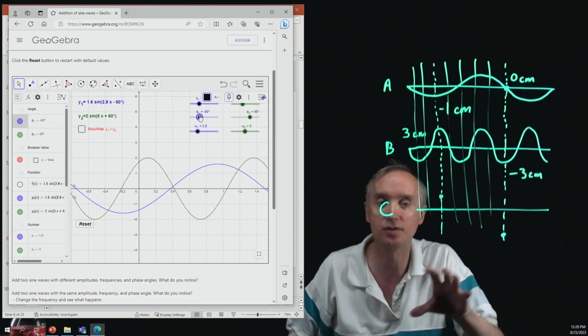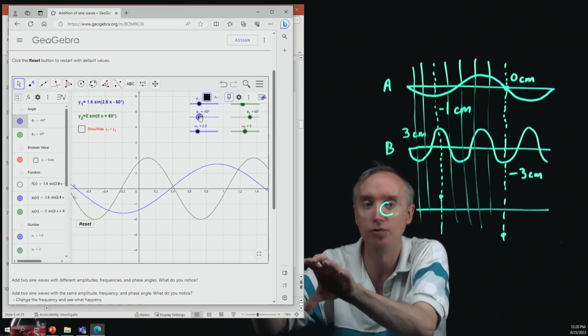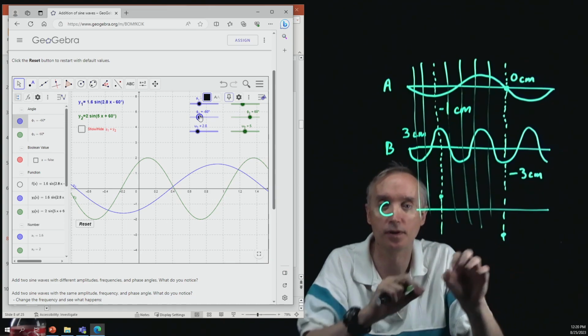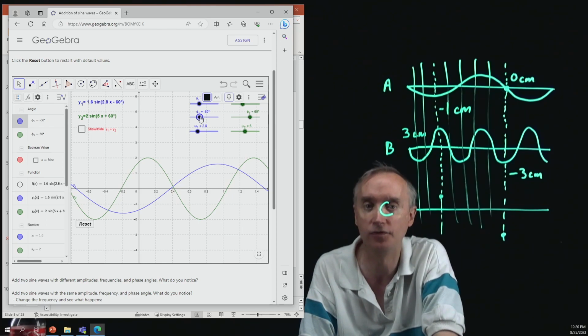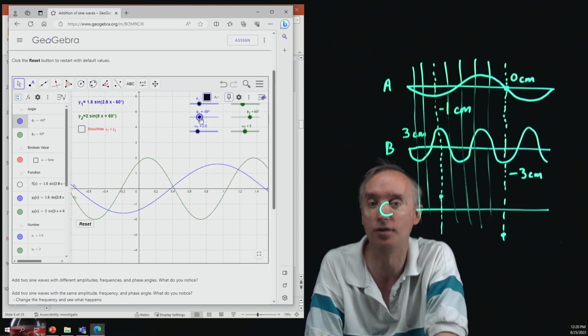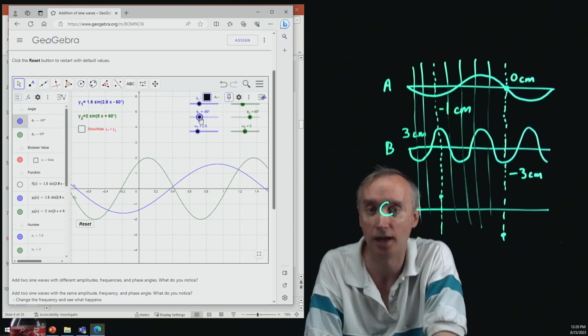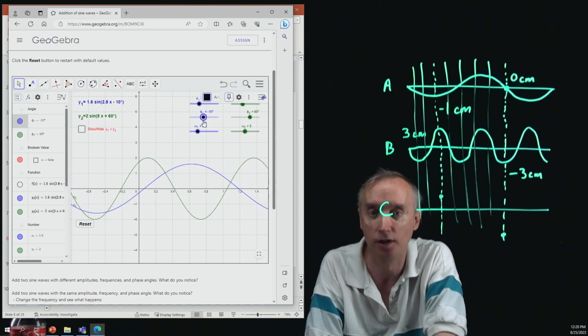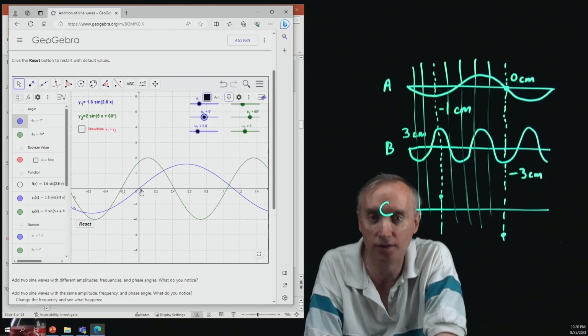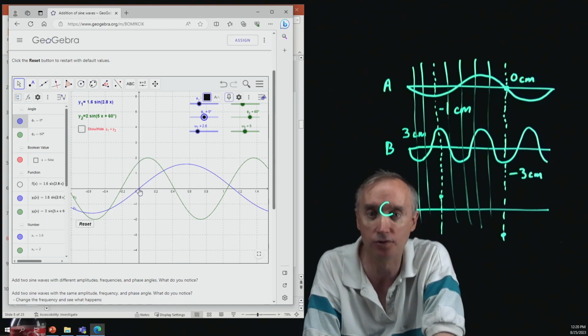All it's doing is picking up the wave and moving it from side to side. And so that, in physics terms, is called the phase angle. What you could do with this is, again, let's move the blue one. I could move this blue one so that, do you see that when it starts, which is right here at the origin, it's at 0.